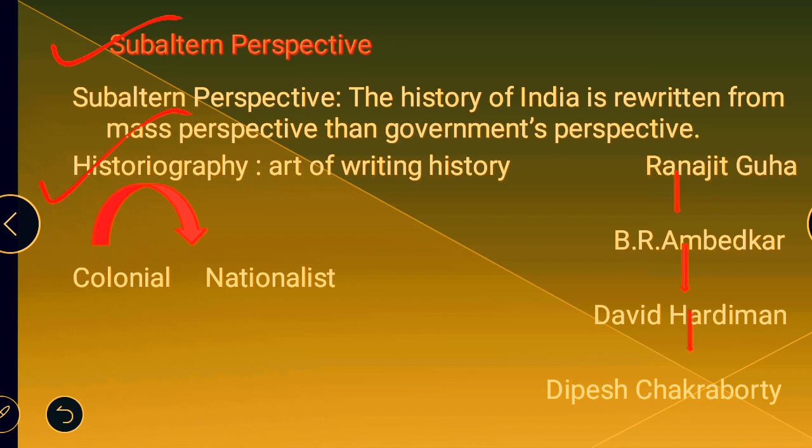So let's talk first about Ranajit Guha. Ranajit Guha is a historian of South Asia who was a prominent figure in subaltern studies. One of his definitions of subaltern is that subalterns are not the passive subjects of history. Rather, they are the makers of history.